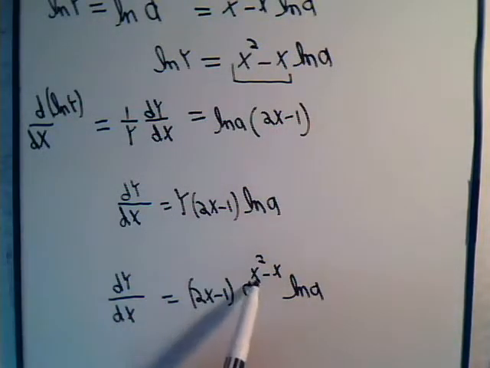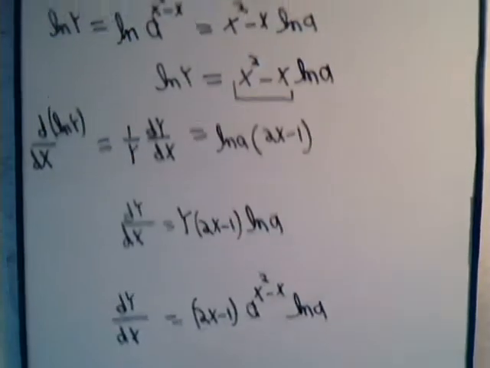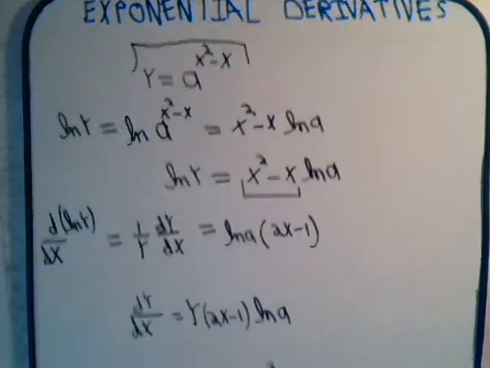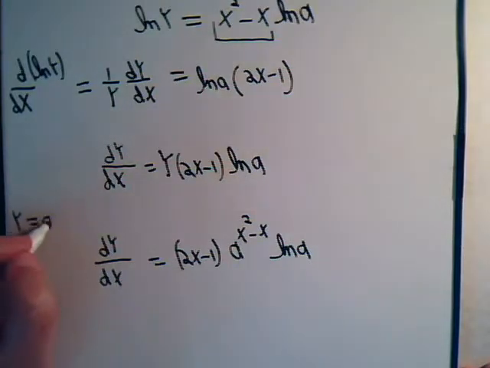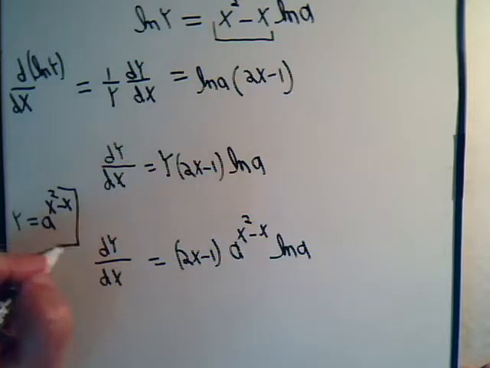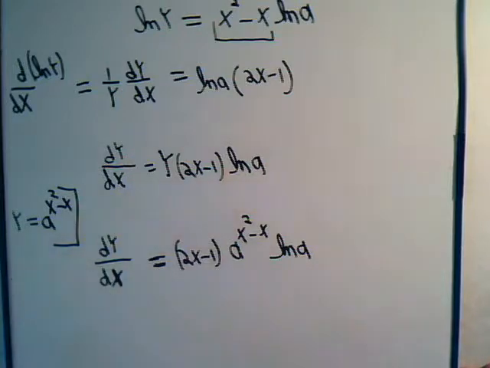Here we're just plugging in what we already had. 2x minus 1 times y, that's this, from up here, times the natural log of a. So y equals a to the x squared minus x, and dy/dx then equals 2x minus 1 times a to the x squared minus x times the natural log of a.